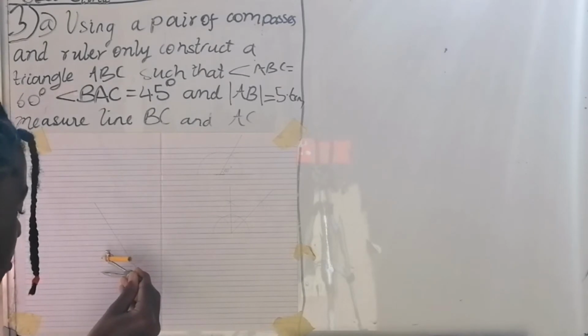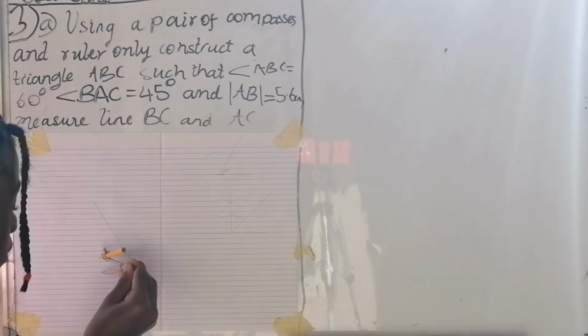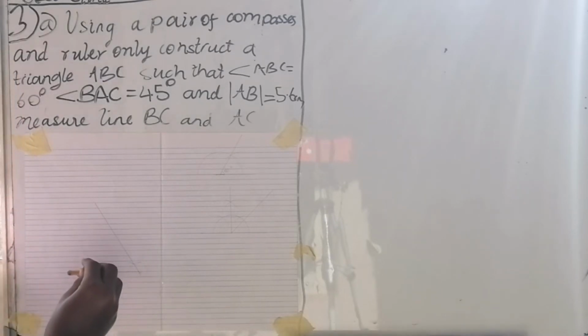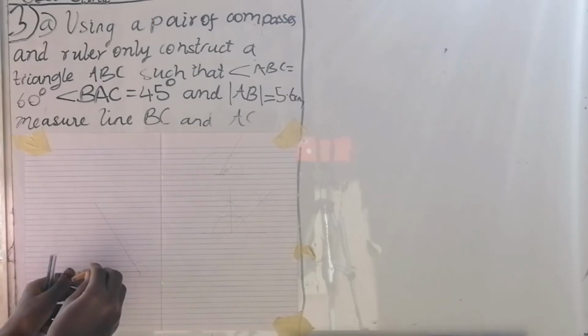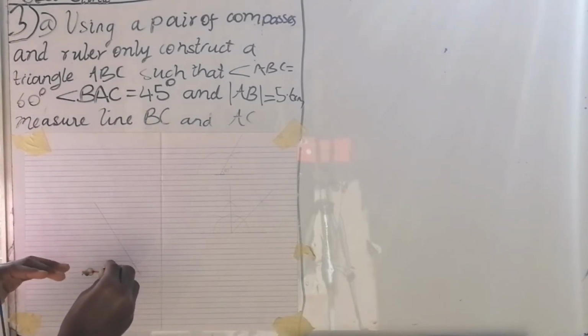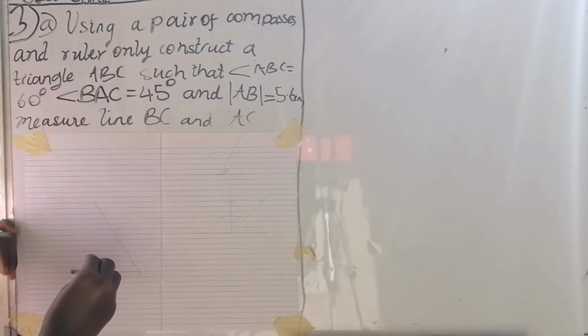So I place, I draw a semicircle. Sorry, I just want to make sure that these two are of equal lengths to make my work easier, because sometimes you need to adjust the positioning of the pencil to make your work easier for you. So now I draw this semicircle here.